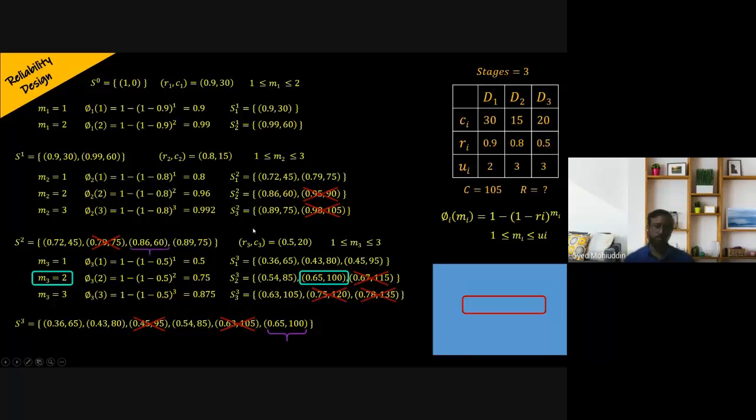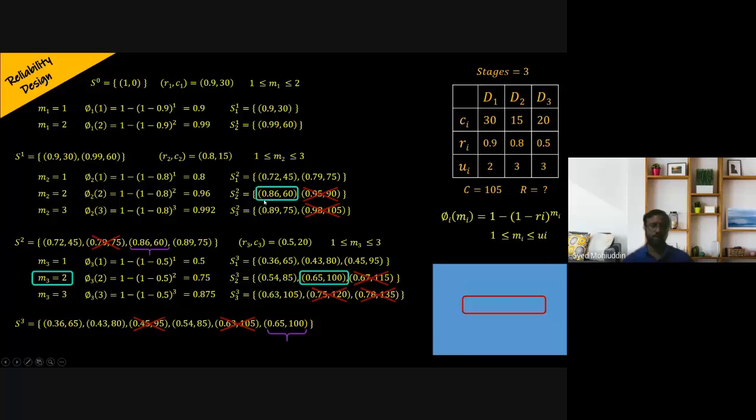Now, let us trace back. This 0.65 and 100 we got by using the 0.86 and 60 tuple. Now, this tuple is found where? In S22.